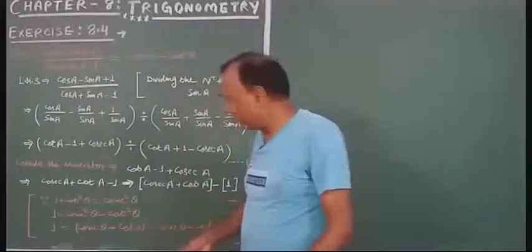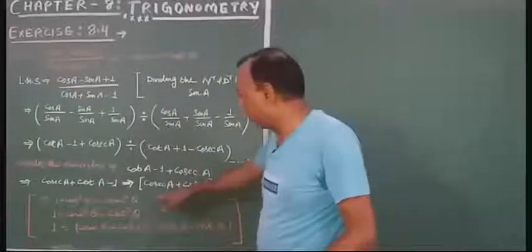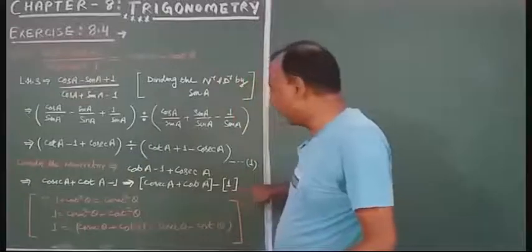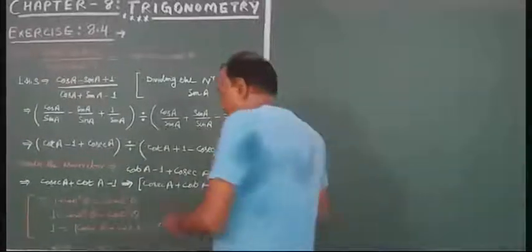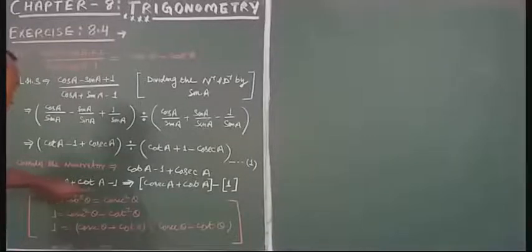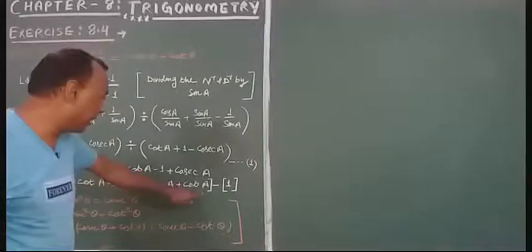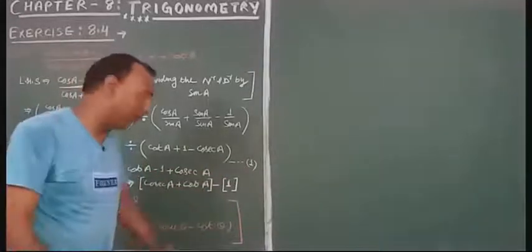Now put cosec A plus cot A in one bracket and minus 1 in another bracket. It has the same meaning.